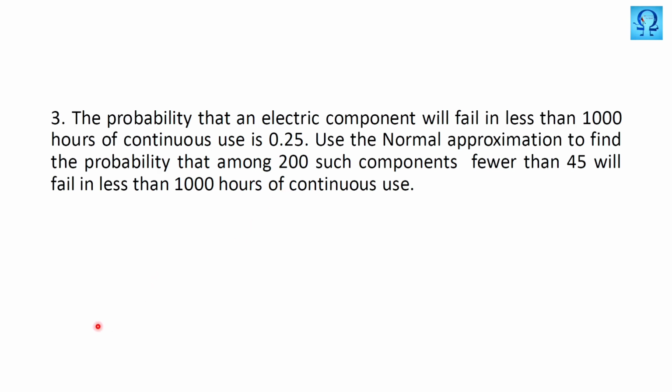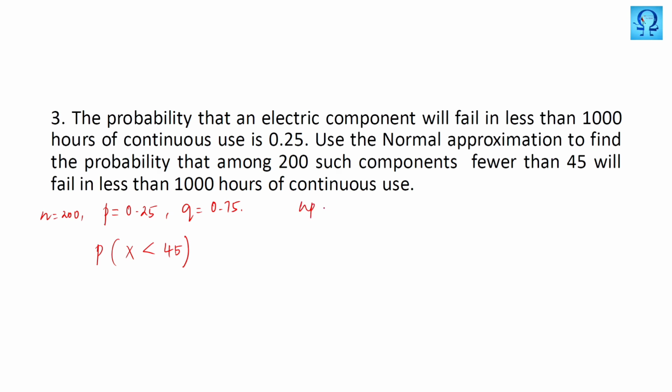You don't have to worry too much about the 1000 hours. We are interested in calculating the probability of failure. So p is 0.25, therefore your q should be 0.75, and n is 200 since we have 200 such components. We are asked to calculate the probability that fewer than 45 components fail. So this is what we need to calculate.